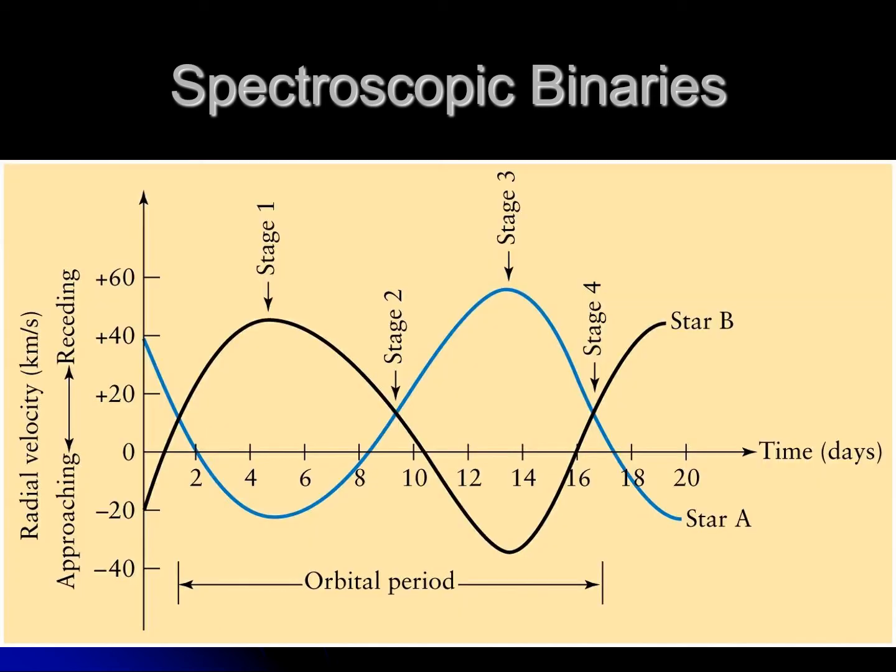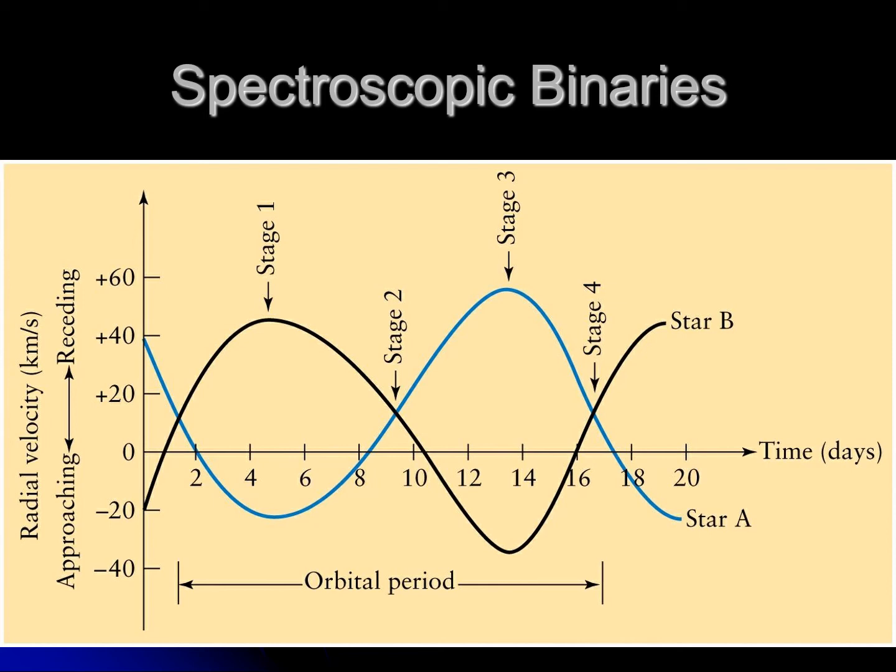Here we have, for example, a graph of some spectroscopic binaries. They're going towards and away from each other, and they cross at this point right here, where neither of them is going towards or away. But the entire thing turns out to be receding, so the entire system is going away from us.